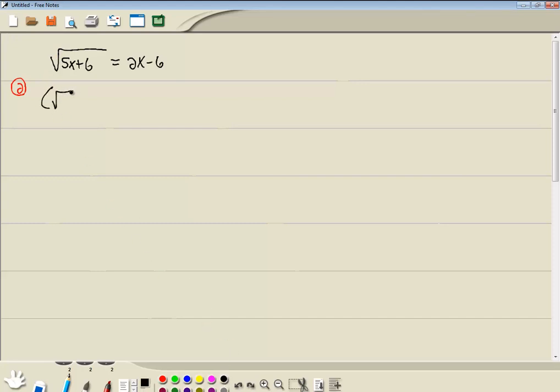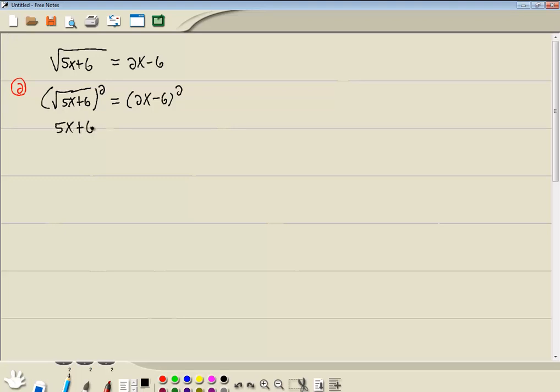So square 5x plus 6, or the square of the square root of 5x plus 6, and we'll square the 2x minus 6. Well, when the index matches the power, they cancel each other away.